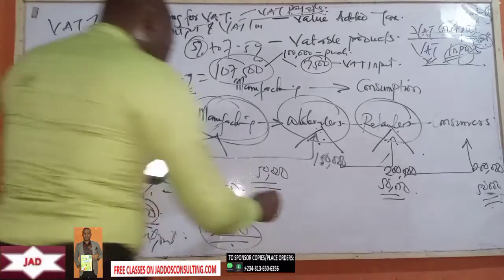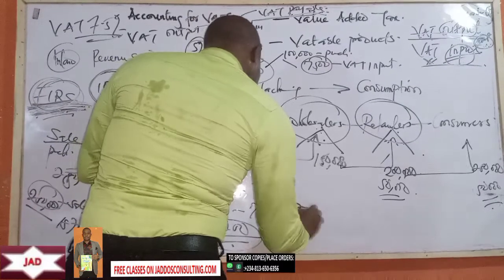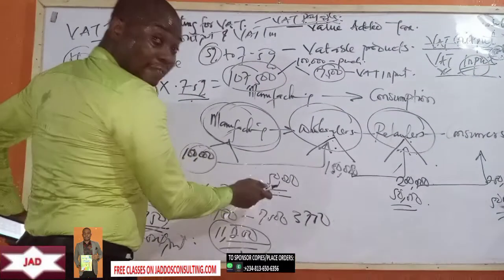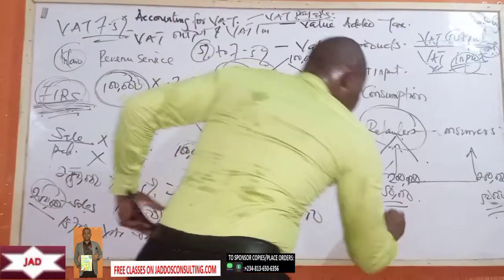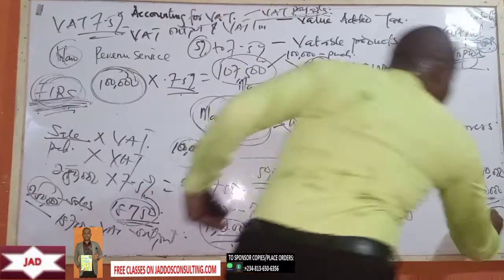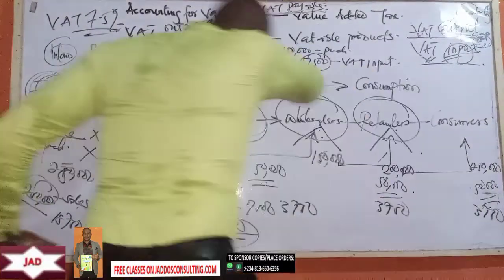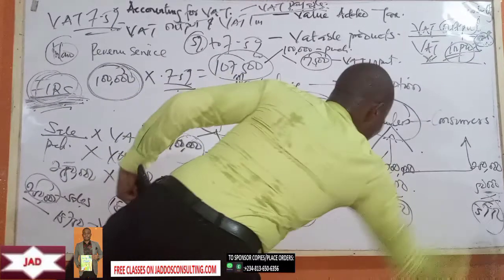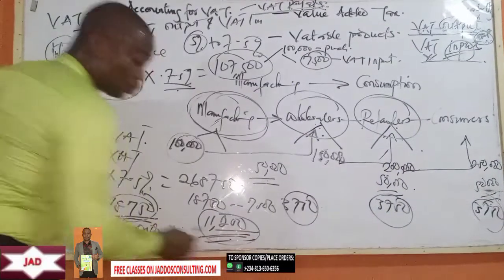So what do I have here? I have 3,750 at this point. If you apply 7.5% VAT on the value added here, at this point too it will be 3,750. The VAT on the value added here, at this point, it will be 3,750. So if you add this plus this and this, it will give you 11,250.